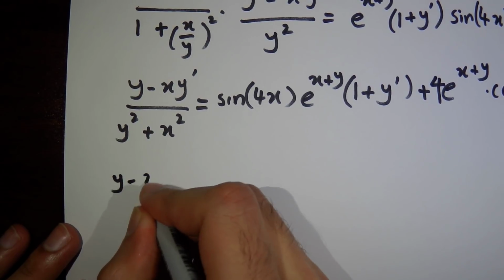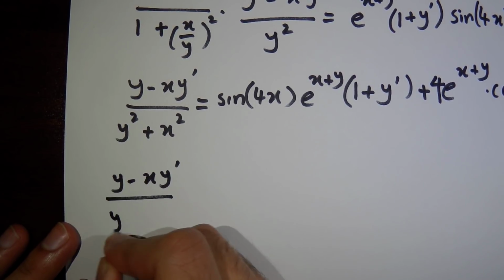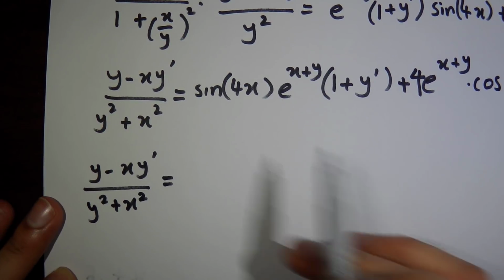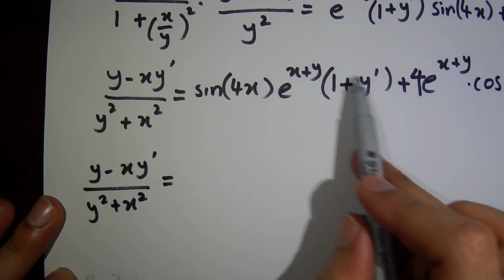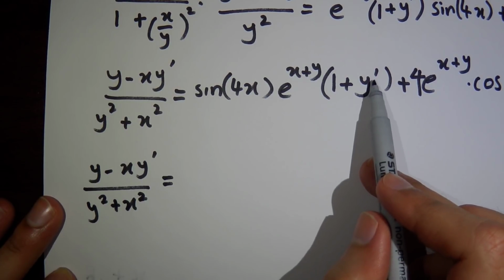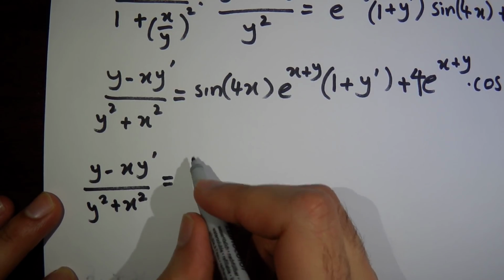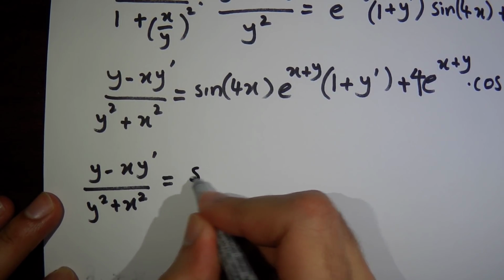This fraction right here, I don't think there's much I could do to it for now, but my right side is where I've really got strategies now. So I could expand this bracket and get the y prime, try to isolate it onto this side or even this side, and write the entire function in terms of it. So let's expand first.